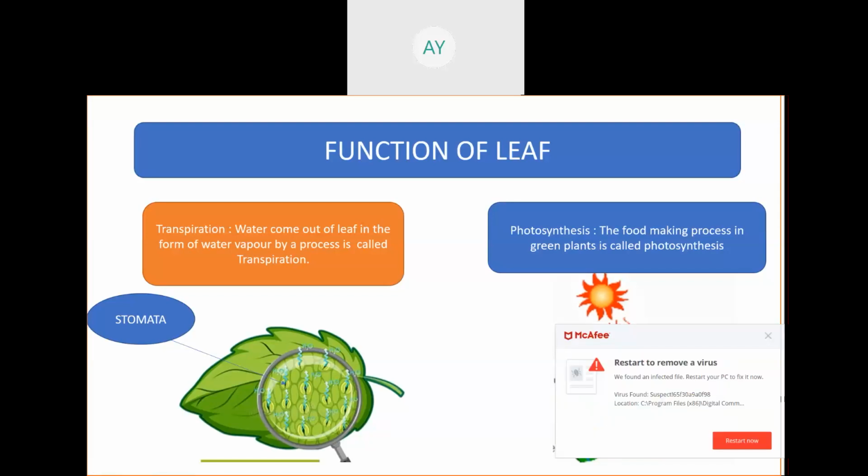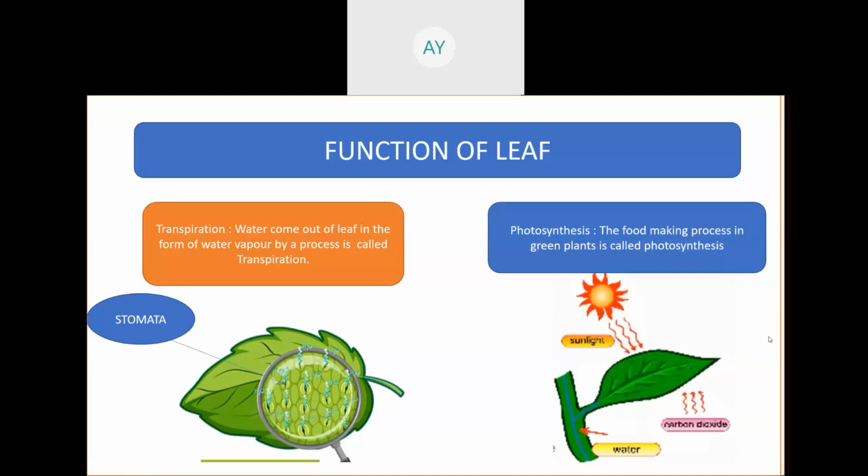A stomata is made up of guard cells, through which exchange of gas occurs. What type of exchange? Carbon dioxide will enter from the environment, and oxygen will exit. That process continues during photosynthesis.